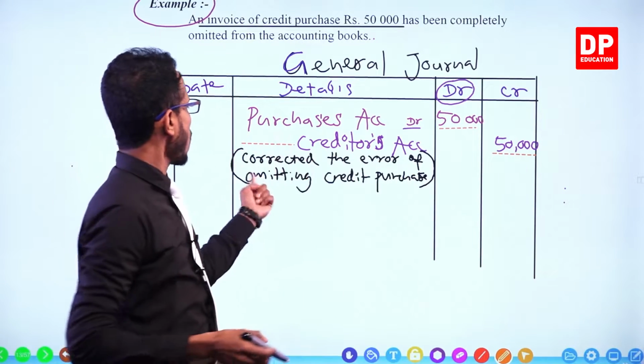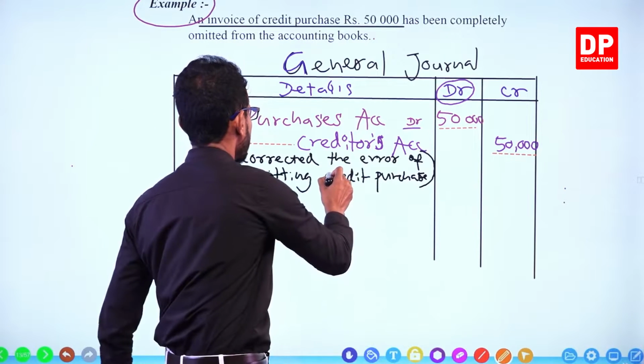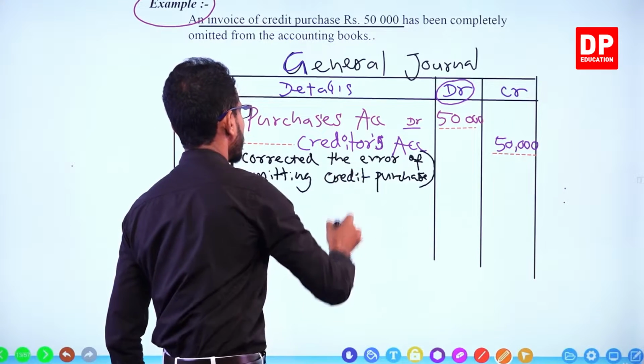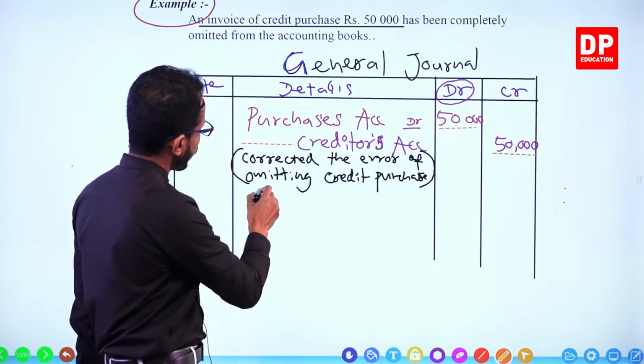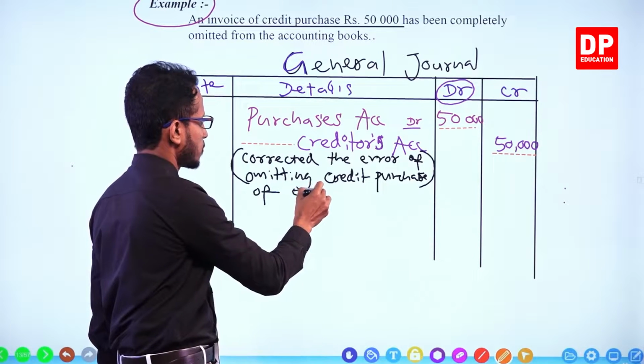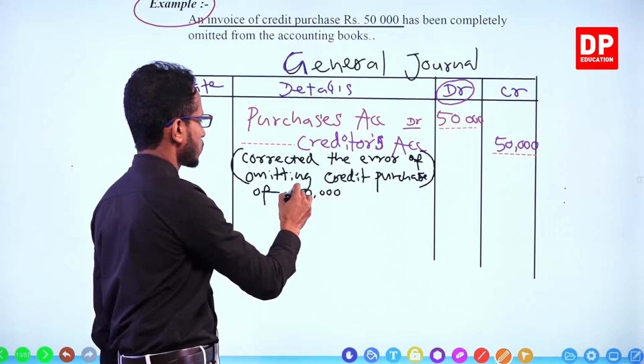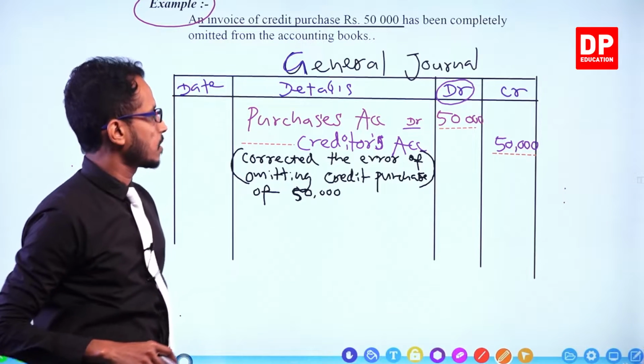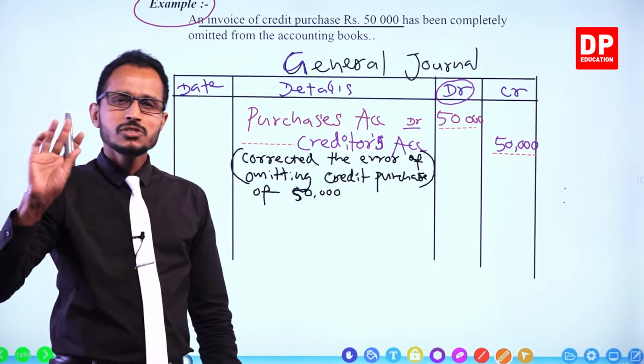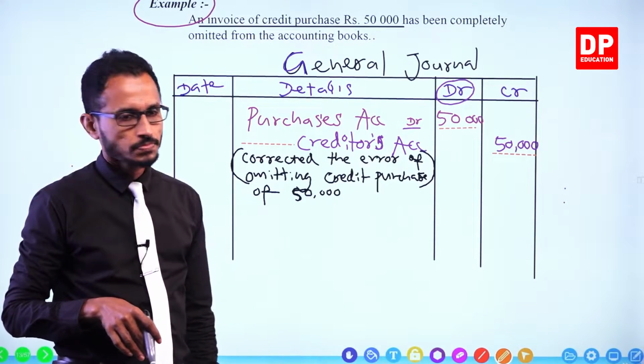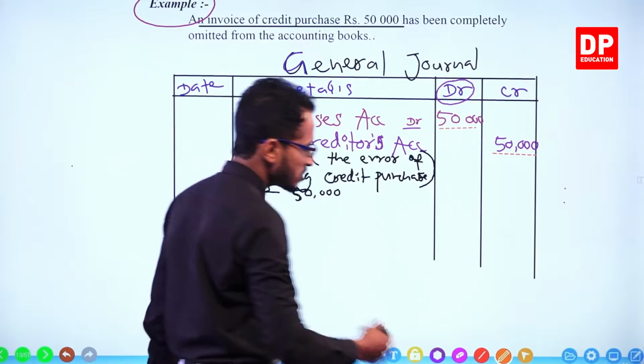Corrected the error of omitting credit purchase of 50,000. If you want, you can put the amount also of 50,000. One sentence to describe the error. Children, this is called the narration.